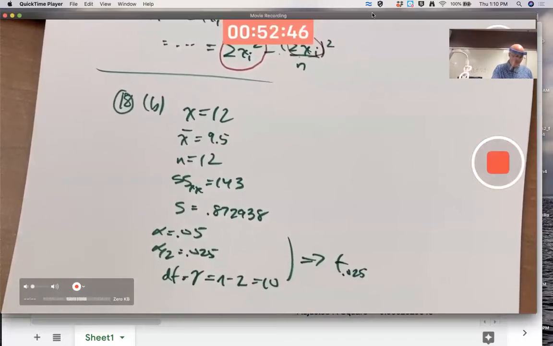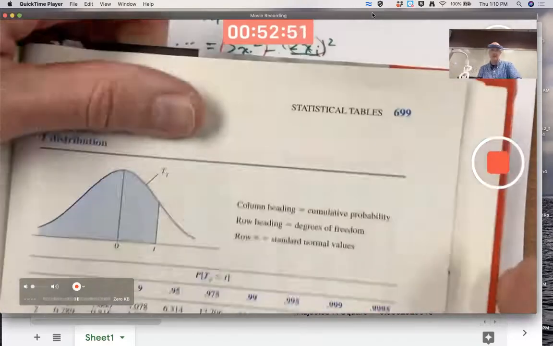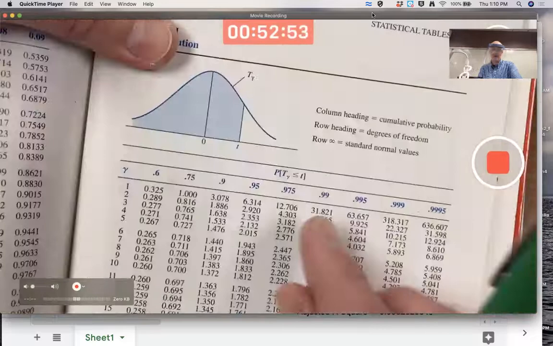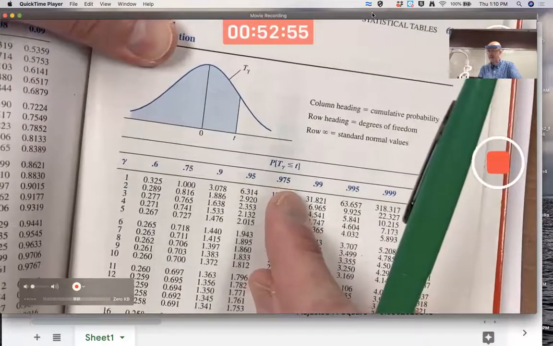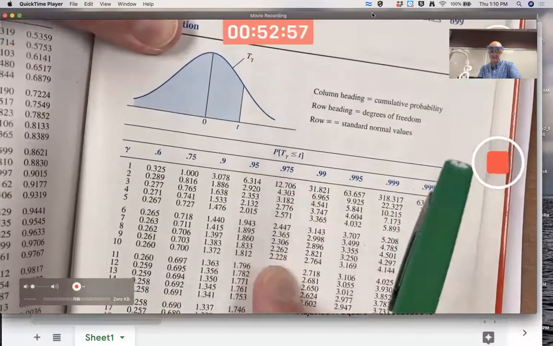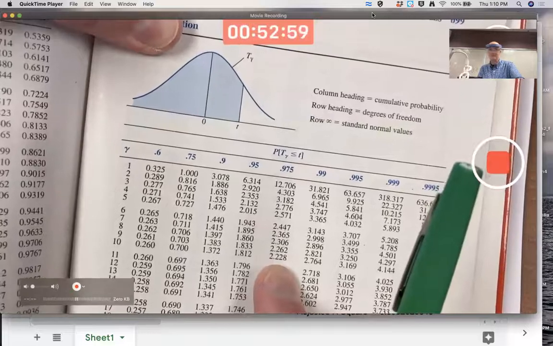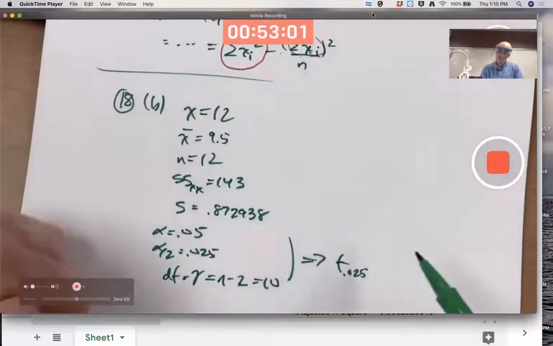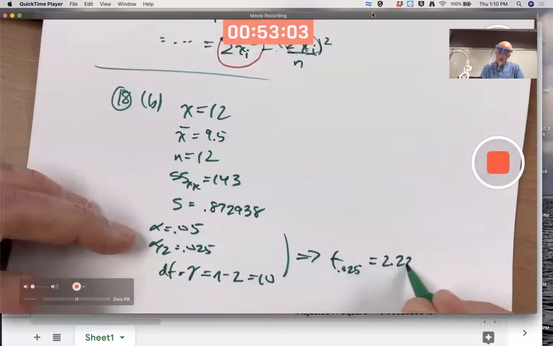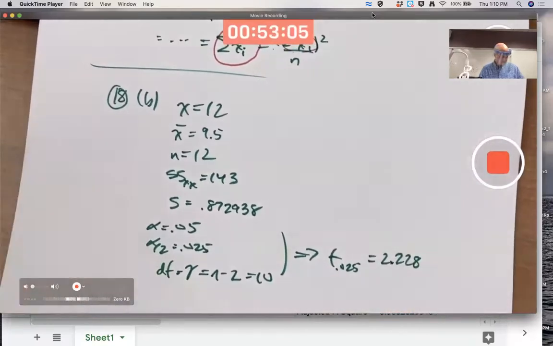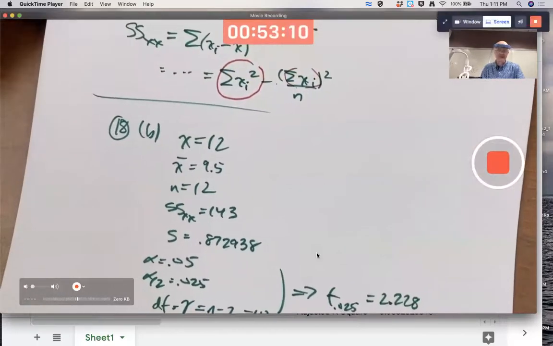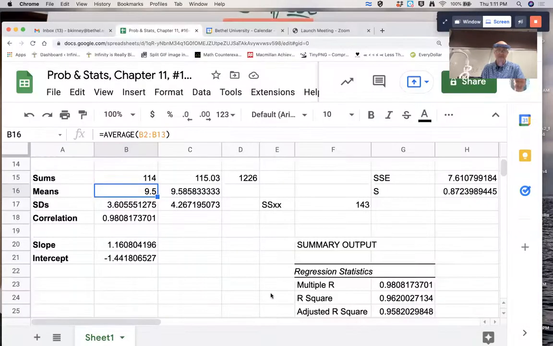Our critical value. 10 degrees of freedom. I need to look for 0.975. 10 degrees of freedom, 2.228 is t. What else do I need? I need the mu hat. I need to use the regression line, the slope and intercept.